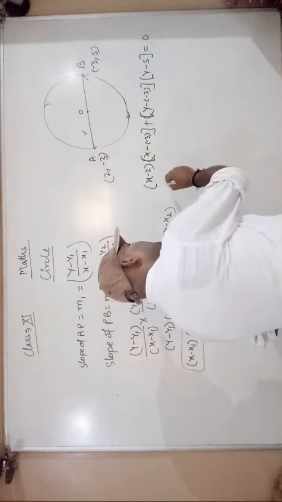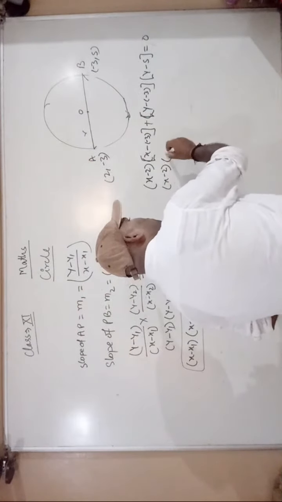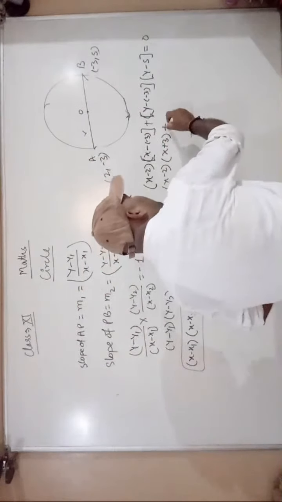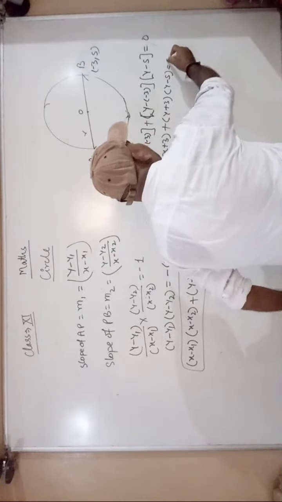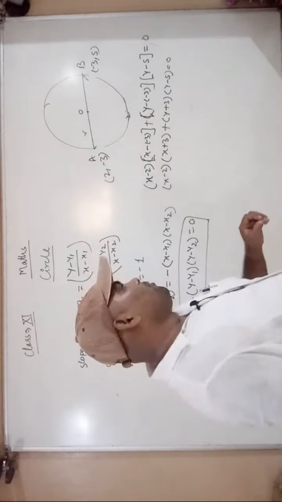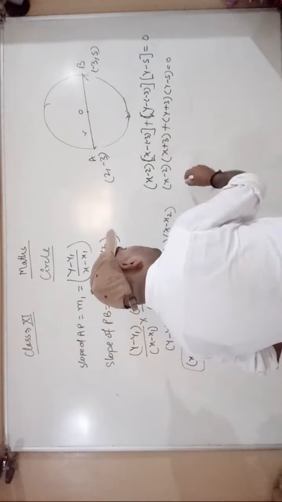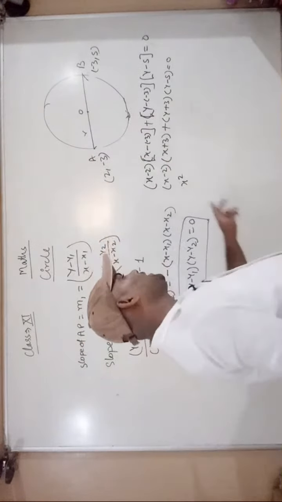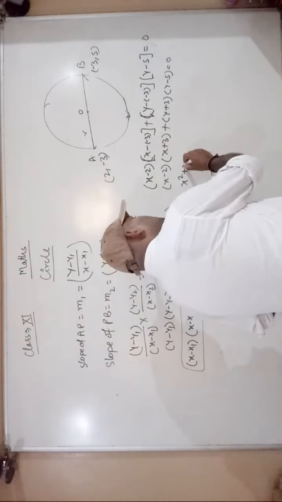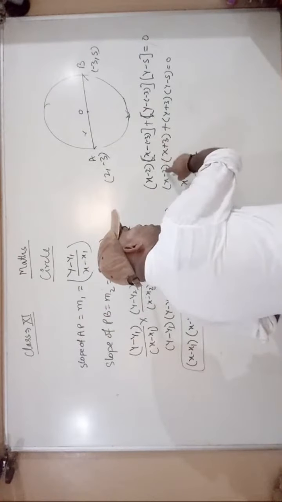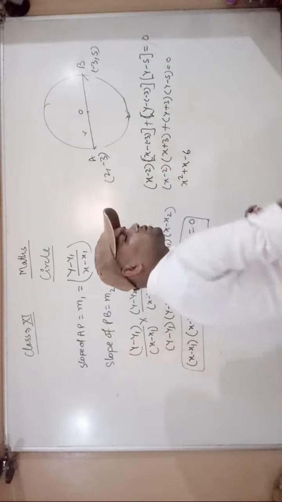This becomes x minus 2, this becomes x plus 3, this becomes y plus 3 and this becomes y minus 5. If you multiply x into x, this becomes x square plus 3x minus 2x, that is plus x, and minus 2 into plus 3, that is minus 6.